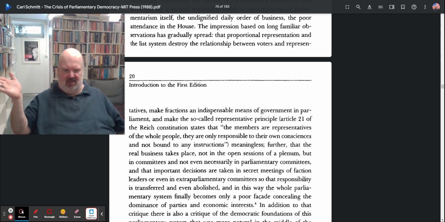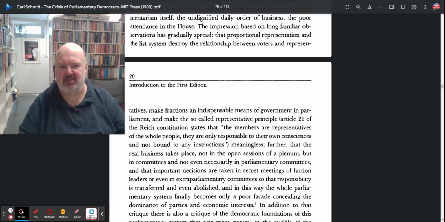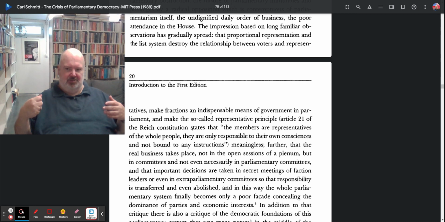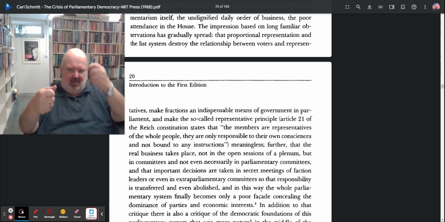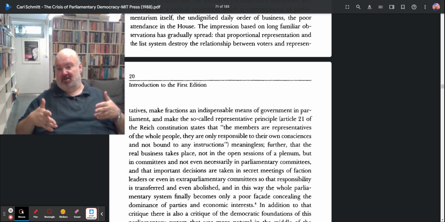Again, I think you can get political parties by Mosca. I think this is a very powerful argument he's making. But notice, he blames this problem on proportional democracy. In other words, the relationship between proportional democracy and the list system. The British parliamentary model, or the English model, had individual candidate systems.